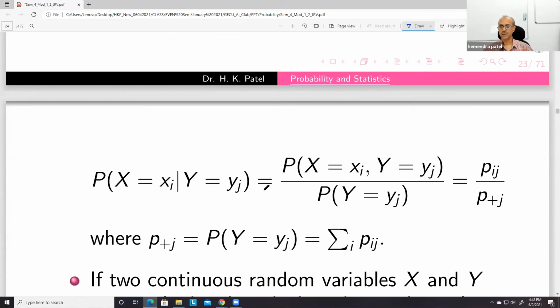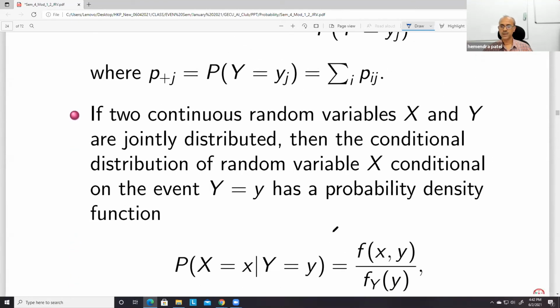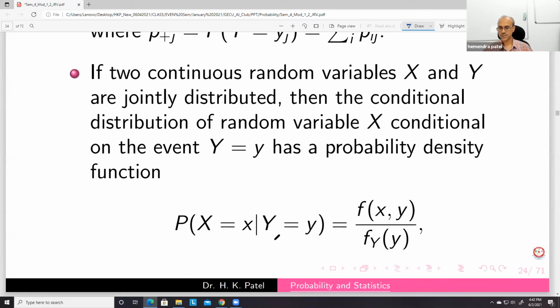This x is equal to xi, y is equal to yj is denoted by Pij, and y is equal to yj is the marginal distribution, so this is P plus j. And if you have continuous, in case of this condition, y is equal to y, this is marginal fY(y), and this is fXY(x,y).